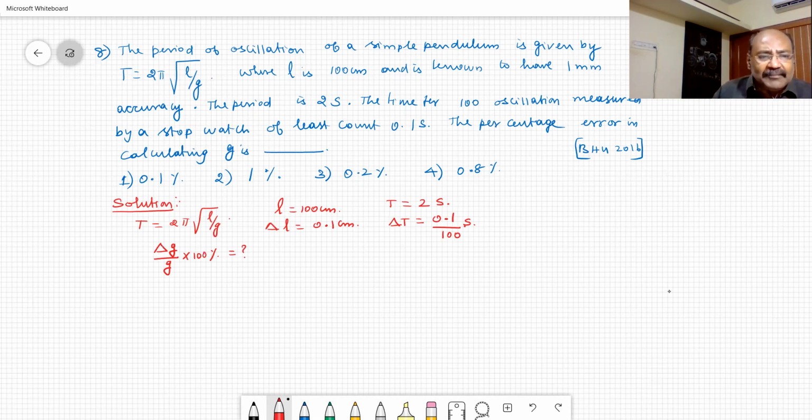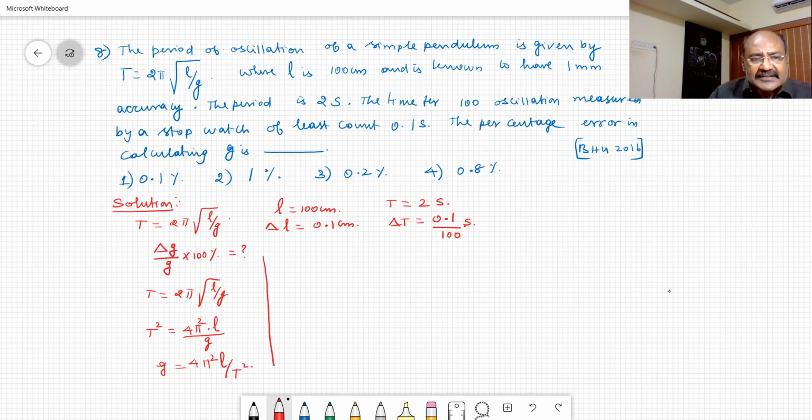You take this formula, T is equal to 2 pi into root of L divided by G. Square it, you will get T square is equal to 4 pi square into L divided by G. Cross multiplying, you will get G equal to 4 pi square L divided by T square.